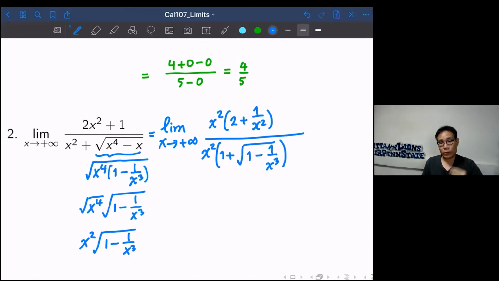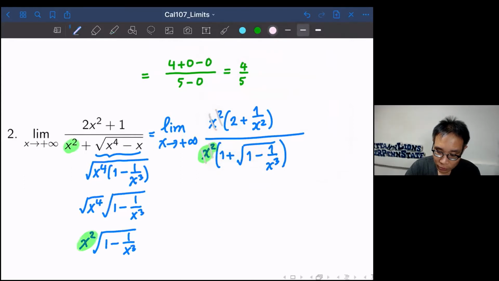So this is how we do this question. You see that you pull out x squared from both terms, the green one, and this is what you end up with. And you get rid of x squared on top and on the bottom, and you are taking the limit as x goes to infinity.